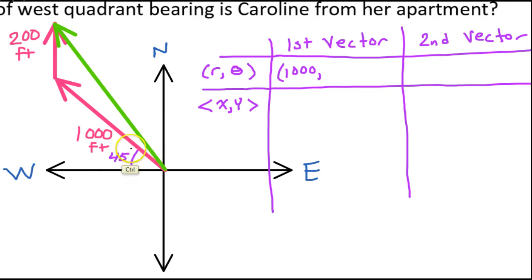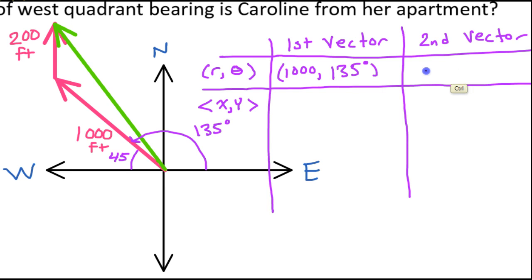So if this reference angle is 45, and we measure from east all the way over counterclockwise to here, that is going to be 135 degrees. I got that from taking 180 minus 45. So the direction is this 135 degrees.